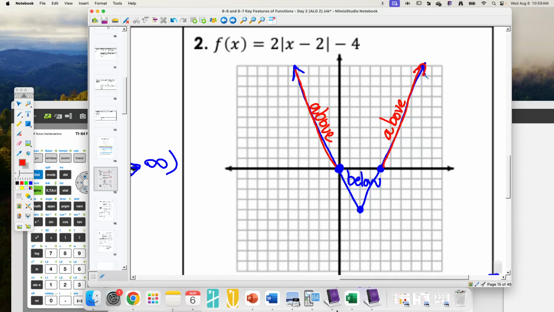And I always start from negative infinity. I am walking on this x-axis, and if it's above, it's a positive interval, below is a negative interval. Ready? From negative infinity until I get to this right here. What is that number? 0. Thank you. From negative infinity to 0. This is a positive interval.